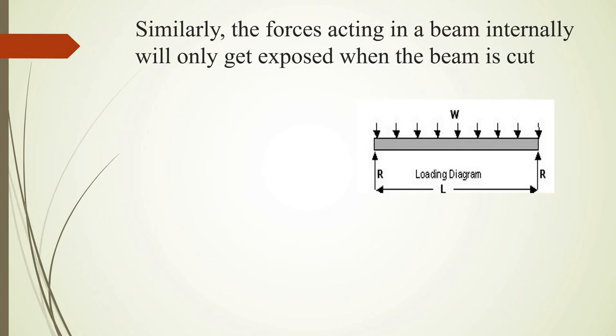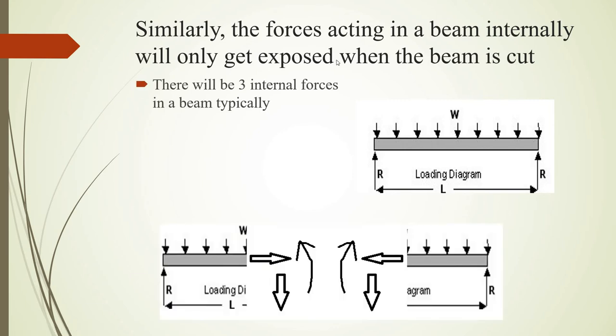Similarly, the forces acting within a beam, internally, will only get exposed when the beam is cut. So this beam that you have right now, these are external forces, but you cannot see what's inside unless you cut the beam. When I cut this beam into two parts, you get to see three kinds of internal forces. This one is parallel to the length of the beam, so it's called axial force.